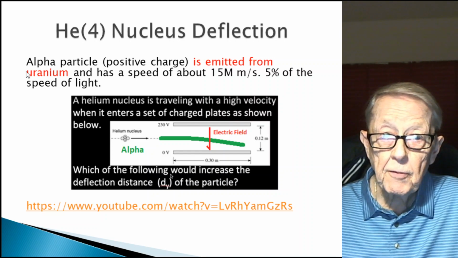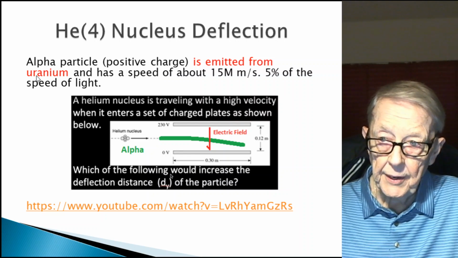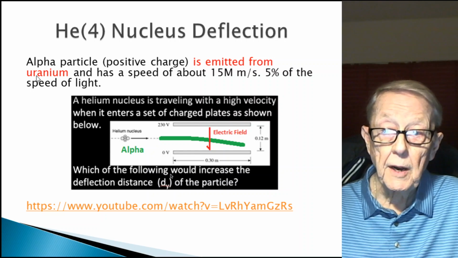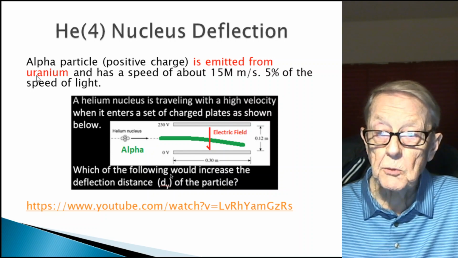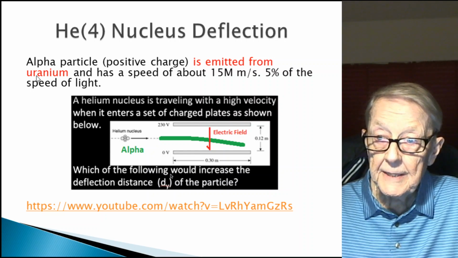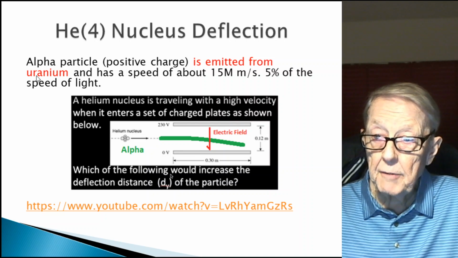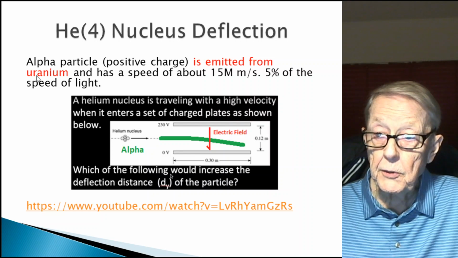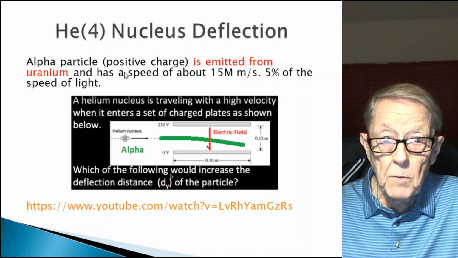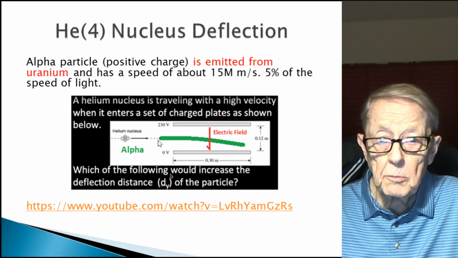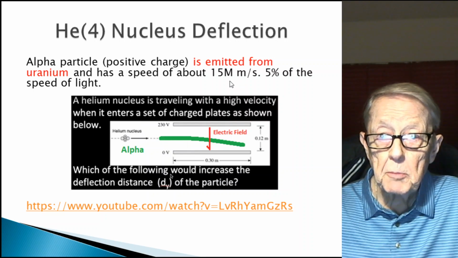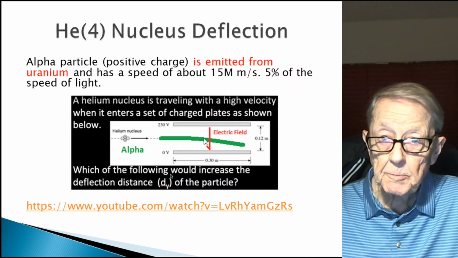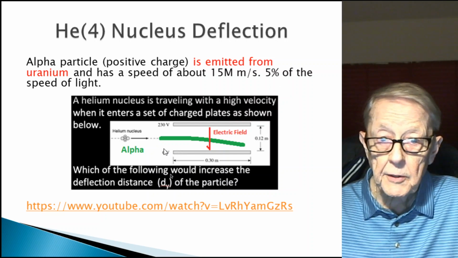And it's emitted from uranium. Yeah, we have nuclear radiation going on here, which is why you don't see this one all the time. People just don't get a supply of uranium and set this thing up and do this experiment and put it on YouTube. But the alpha particle moving here has a speed of about 15 meters per second, 5% of the speed of light. Both of them moving relatively slow.